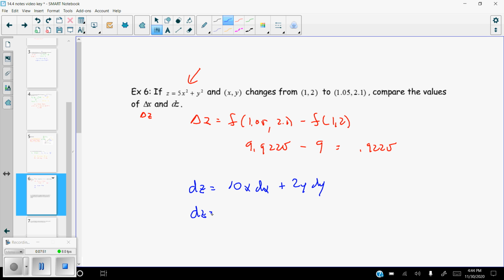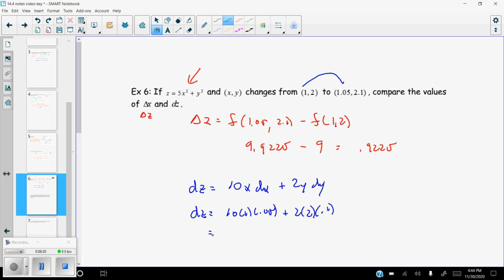So dz is going to be, let's see, 10 times the known x value, which is 1, times the change of x, which is 0.05, because it goes from 1 to 1.05, so the change is 0.05, plus 2 times the y value, which is 2, times dy, which goes from 2 to 2.1, so that's 0.1.